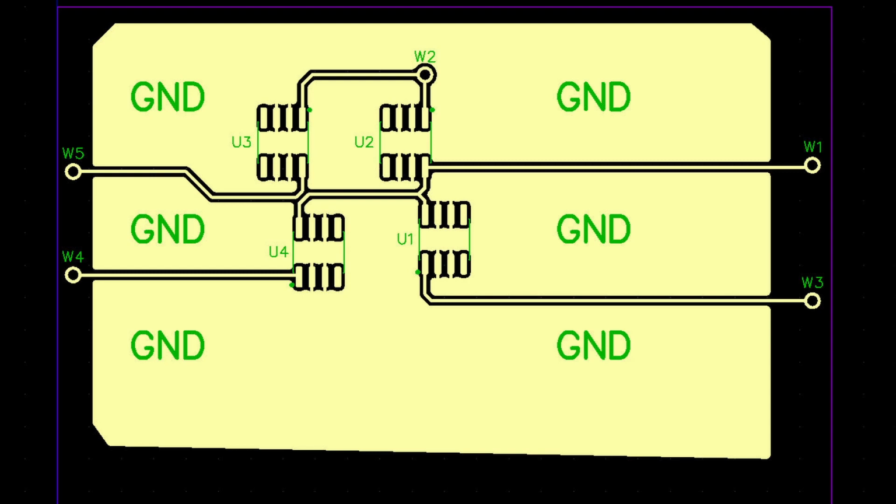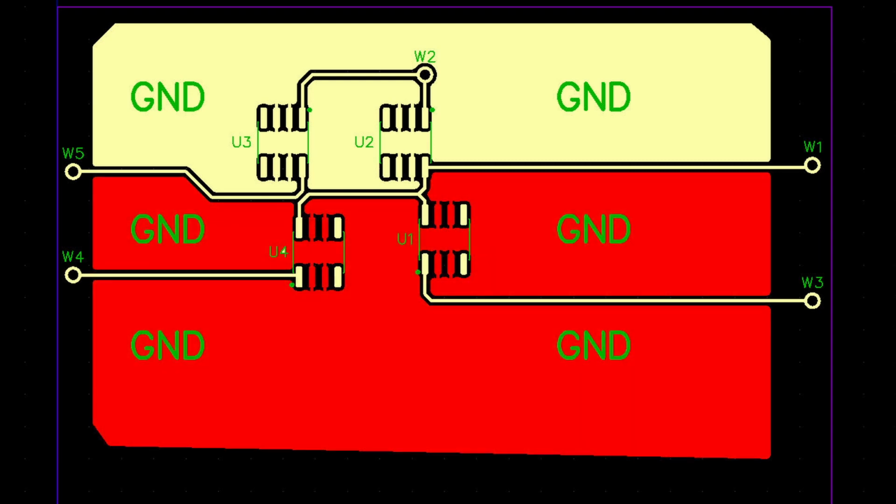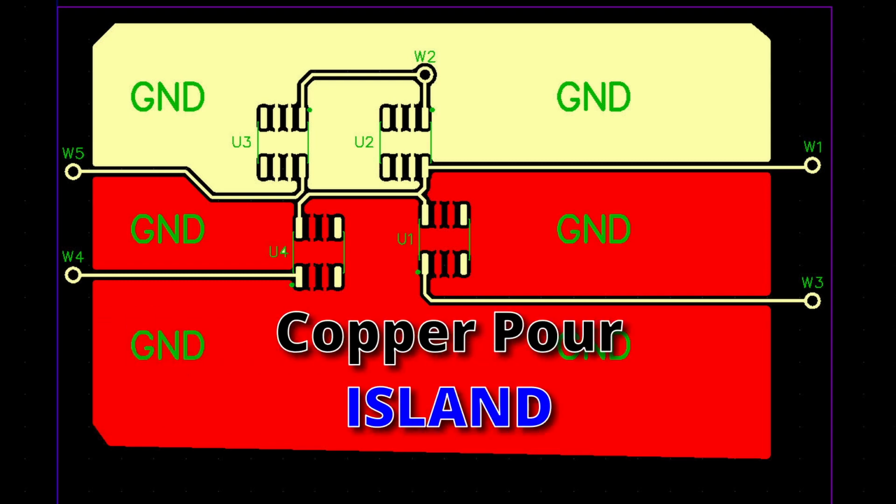It is possible that the placed traces will create areas of copper pour that are not connected to the rest of the copper pour. This means that while they're technically part of, say, the ground net of the board, they're actually not electrically connected to one another. These are called islands.